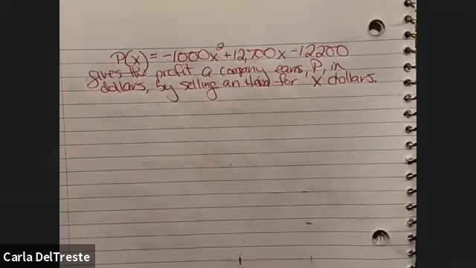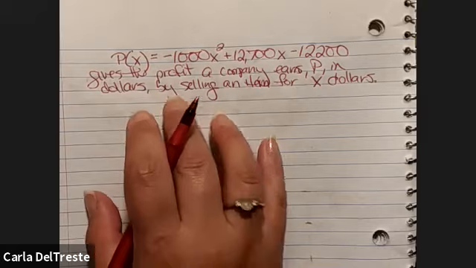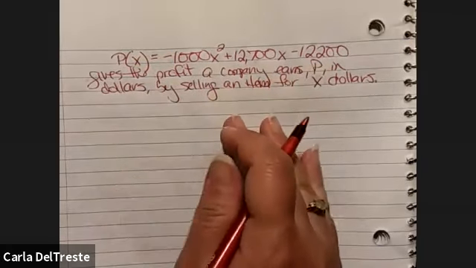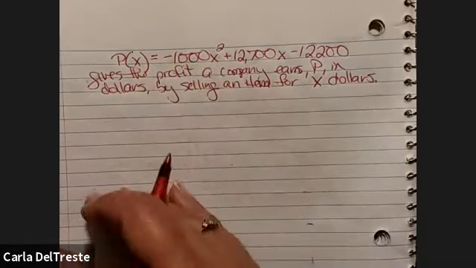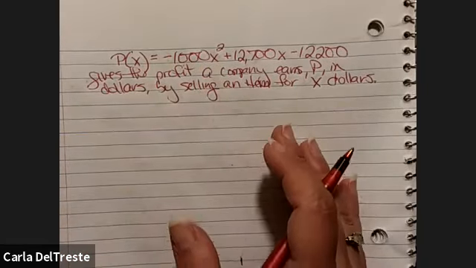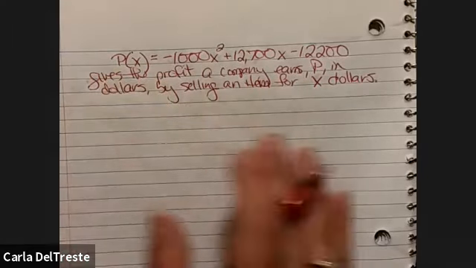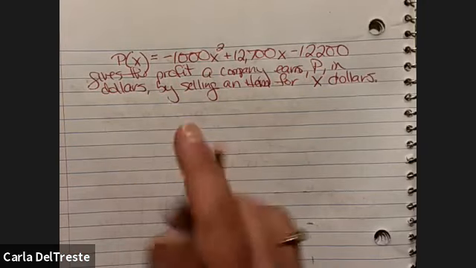Okay, so this might be a little bit tricky to think about, but they're changing the price of their item. If they sell their item for a cheaper amount, okay, what happens? If they sell their item for a more expensive price, what happens? And this is the profit that they earn depending on the selling price that they decide, okay?